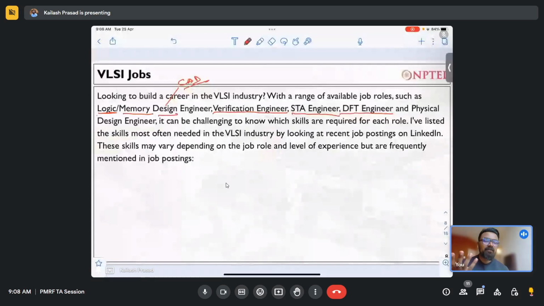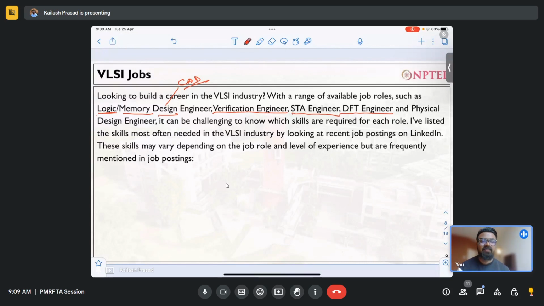In all of these domains I've been discussing, these are the numbers which I get from my collaborators, my students who have been working in the VLSI domain. If you join after BTech, you will get a job which pays maybe 14 to 15 lakhs as a base amount, and the total CTC can go as high as 25 to 30 lakhs. If you join after MTech, you will get a base amount of 17 to 18 lakhs, and total CTC can be around 30 to 35 lakhs.